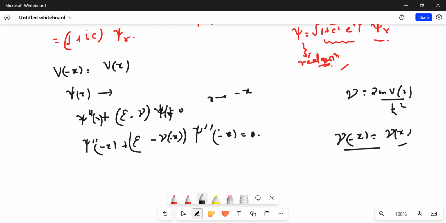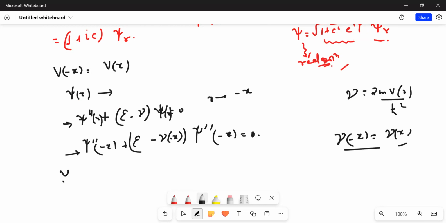So what it means is that psi(x) is a solution, and in fact psi(-x) is also a solution, right? You can see here. So it turns out that if psi(x) is a solution, then psi(-x) is also a solution to this Schrödinger equation.